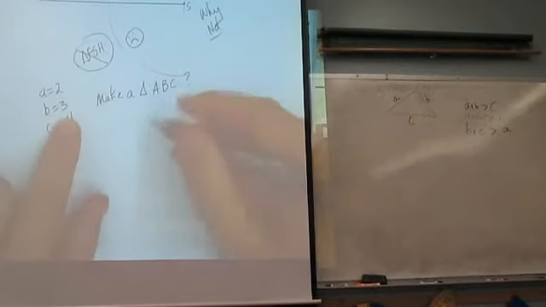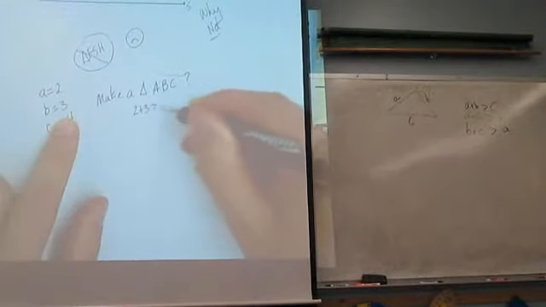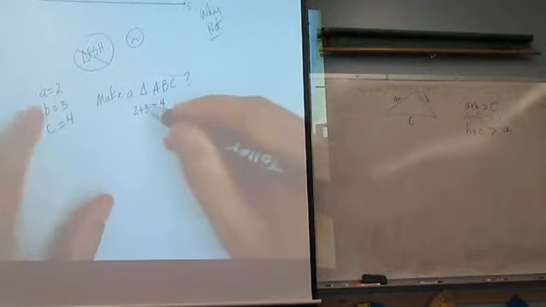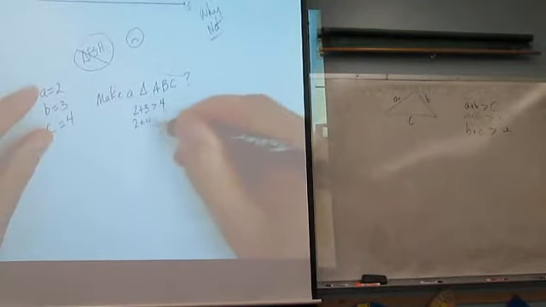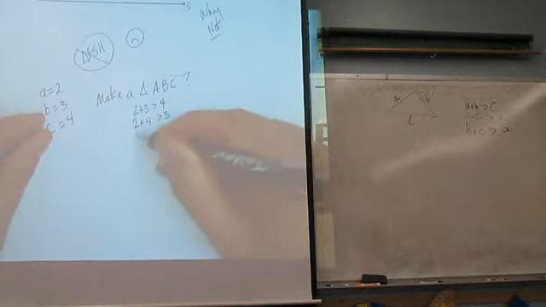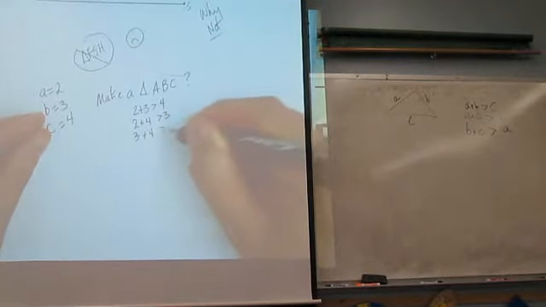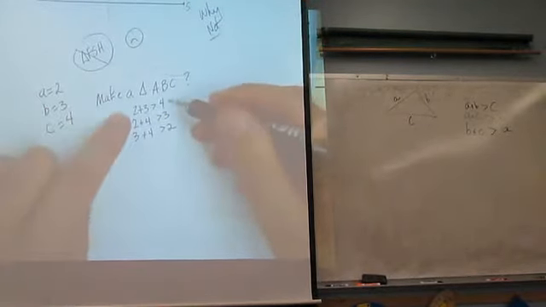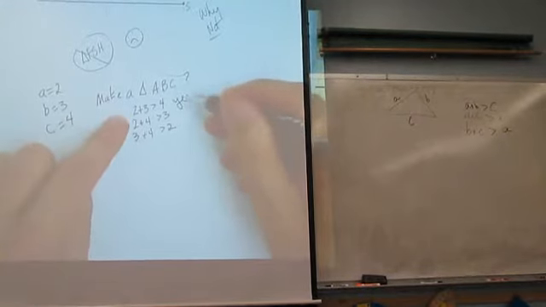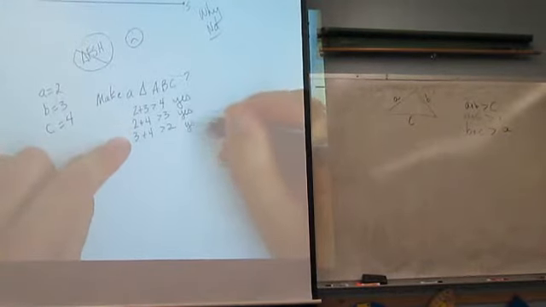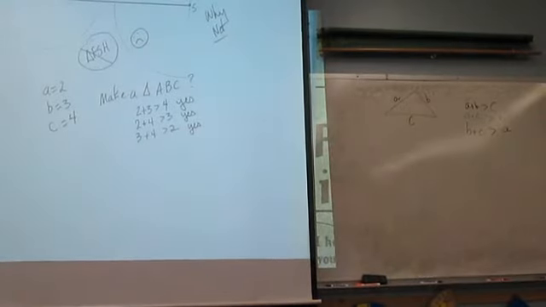You just have to check them all. Is 2 plus 3 greater than 4? Is 2 plus 4 greater than 3? Is 3 plus 4 greater than 2? Is 5 bigger than 4? Yeah? Yeah? Yeah? So yes, those set of instructions will make you a triangle.